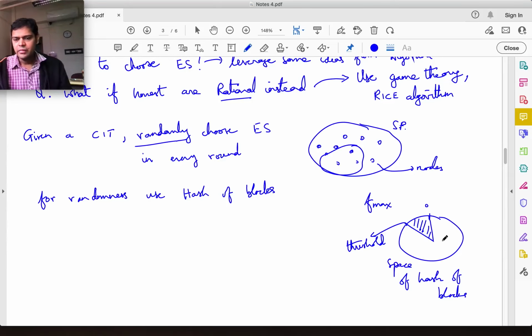Effectively we don't know in advance what it's going to be, but it lies somewhere randomly in this range. So we're going to exploit that. And also the question is, can we do it in such a way that nobody knows who is in the execution set? That's an additional layer which we put in.